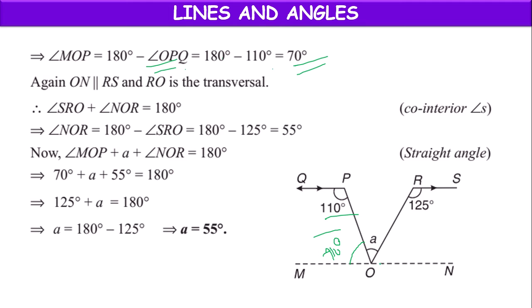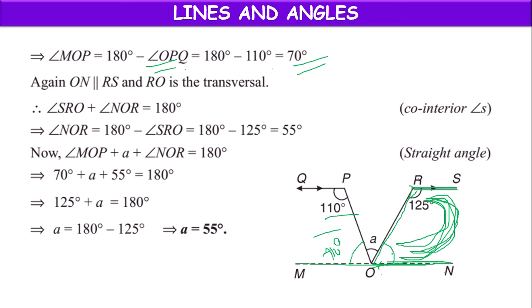And this ON part, because MON is parallel to RS, which means ON also will be parallel to RS, and this is the transversal. Now these angles NOR and ORS, co-interior angles on the same side of the transversal, also will make a supplementary pair of angles.